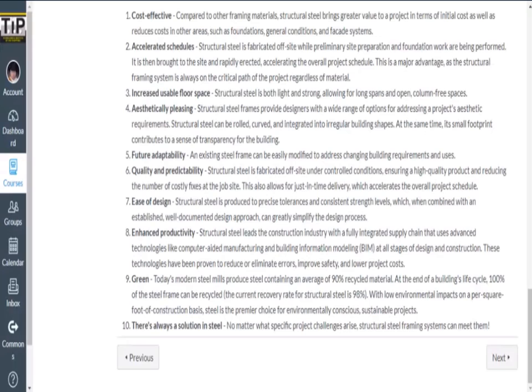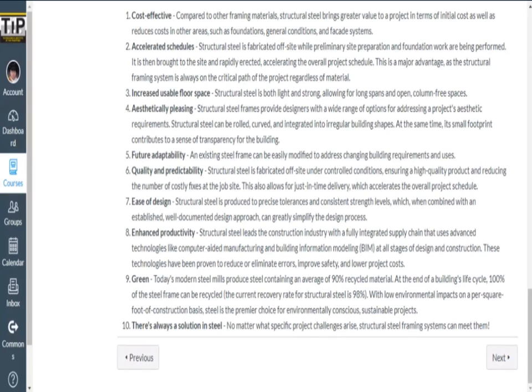Beyond that, it would be pre-stressed, and pre-stressing is a lot of work. That's why we use structural steel.